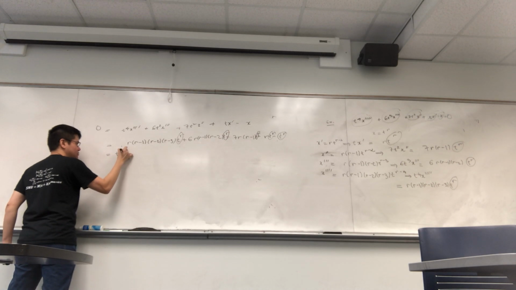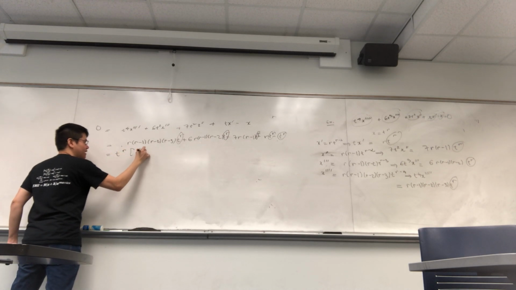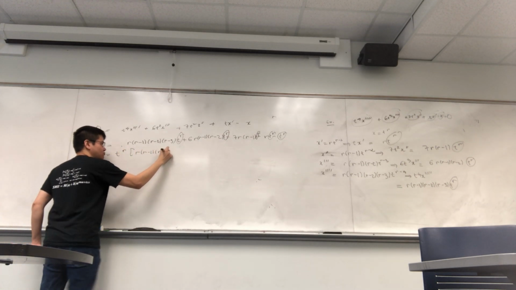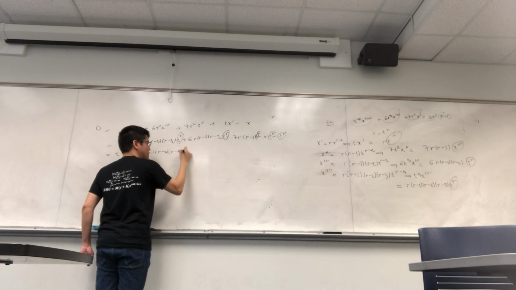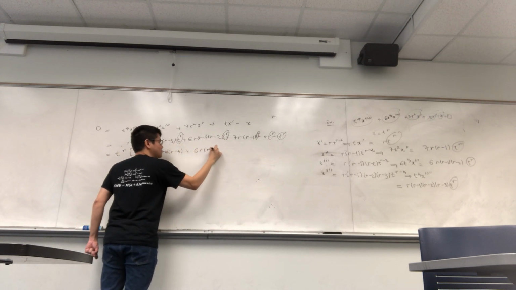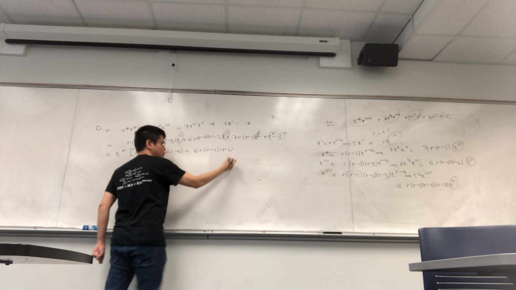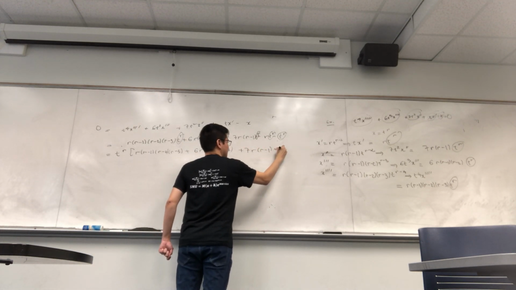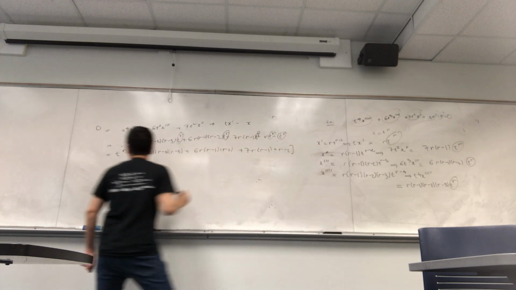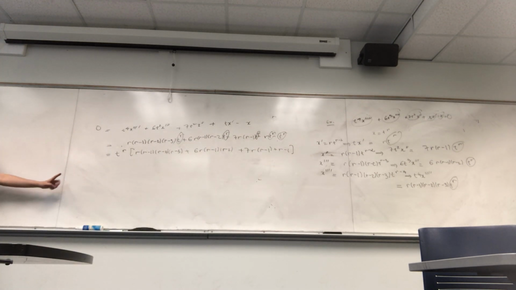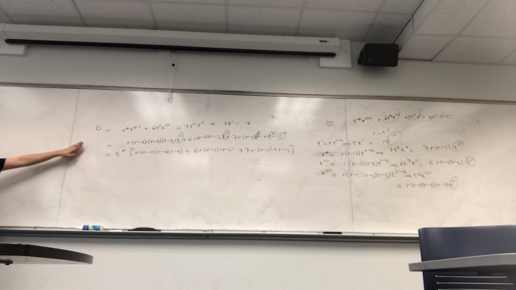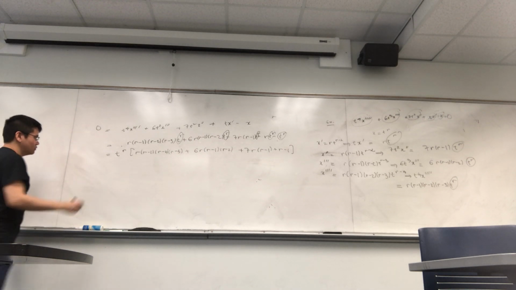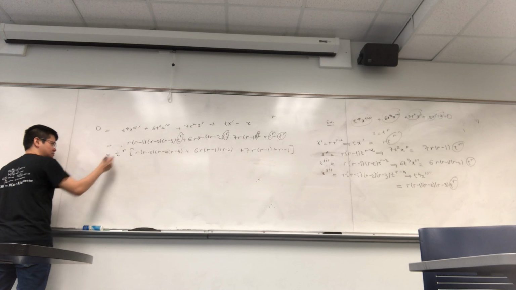So this is t to the r times [r(r minus 1)(r minus 2)(r minus 3) plus 6r(r minus 1)(r minus 2) plus 7r(r minus 1) plus r minus 1]. Because I have t to the r everywhere, I can put that as a common factor, and this is equal to 0, which means that I can eliminate the t to the r.